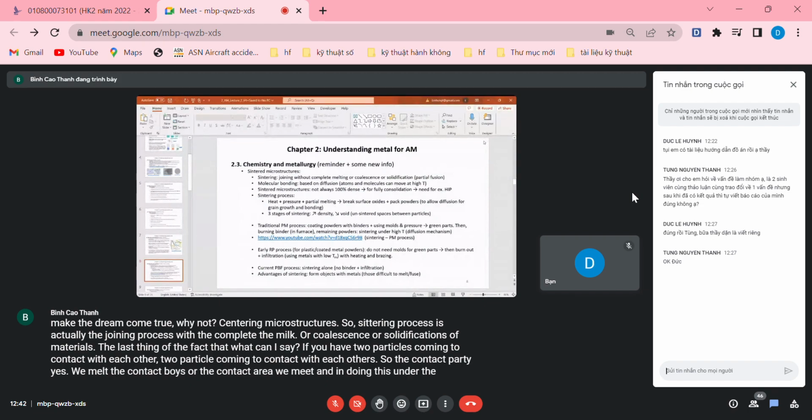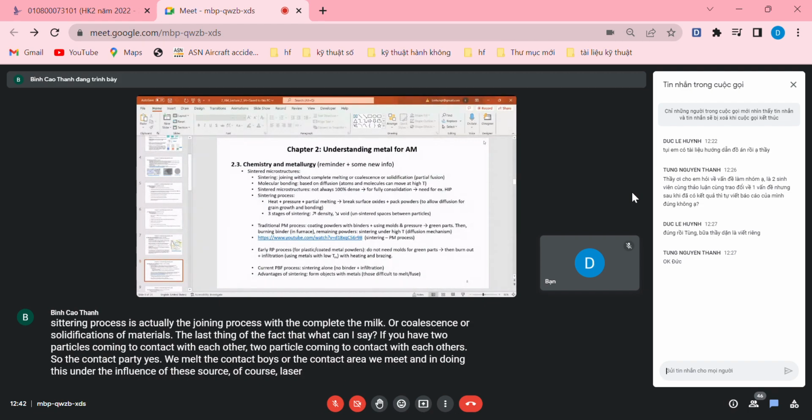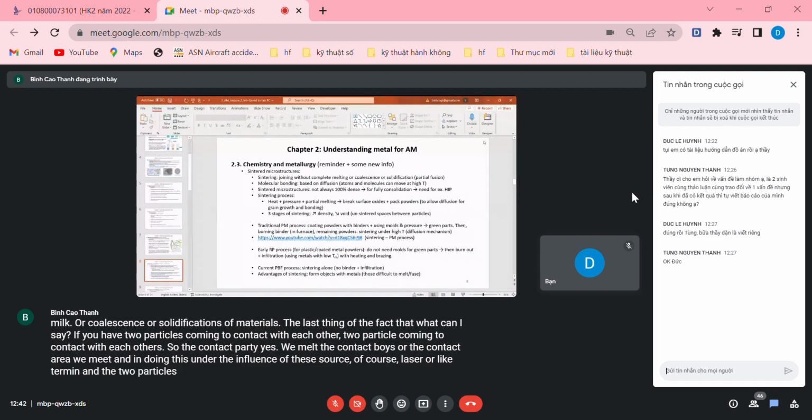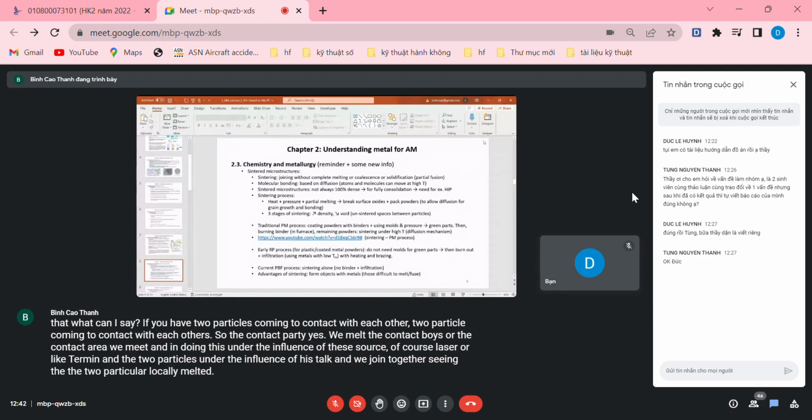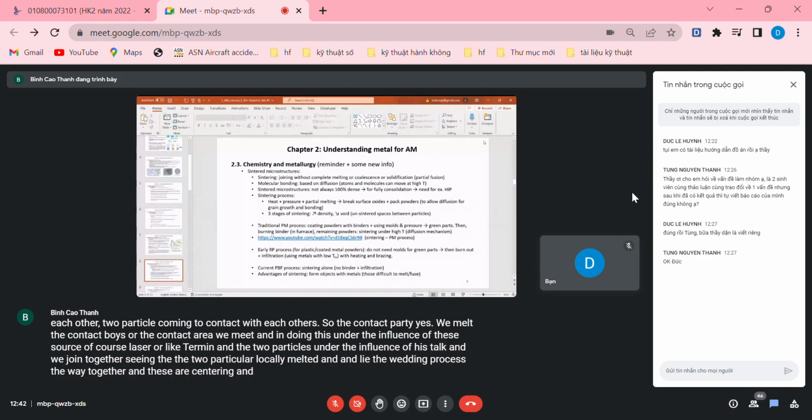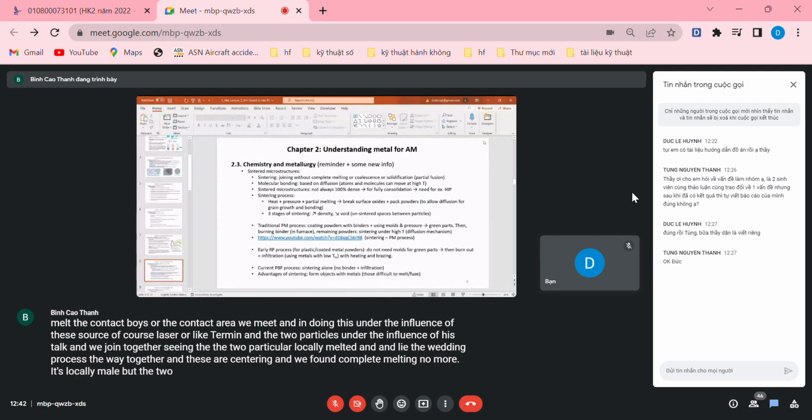Under the influence of the heat source, of course laser or electron beam, the two particles can be joined together. Since the two particles locally melt, like the wetting process, they wet together, and this is sintering. It's locally melted, but the two particles do not completely melt.